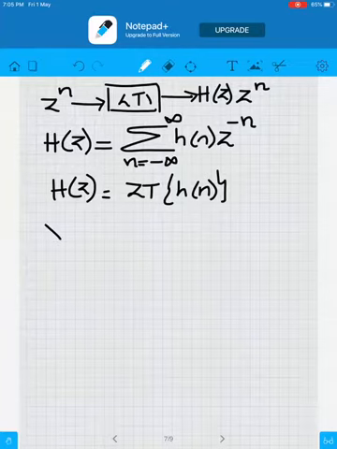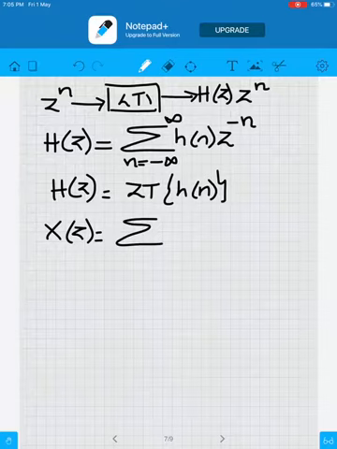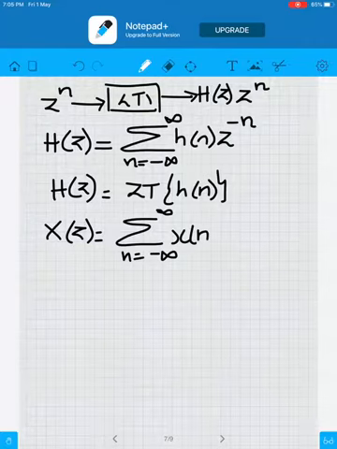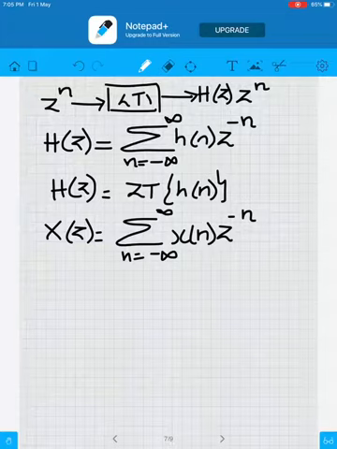So writing it as X of z is equal to summation n is equal to minus infinity to plus infinity x of n into z power minus n. This is the definition of the bilateral z transform of x of n. It is represented as X of z.